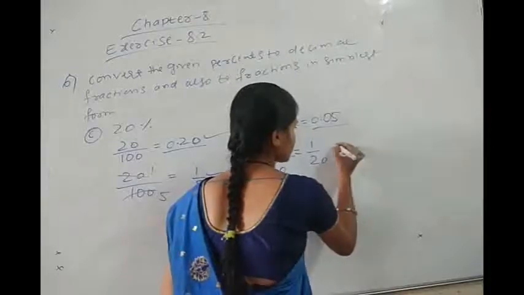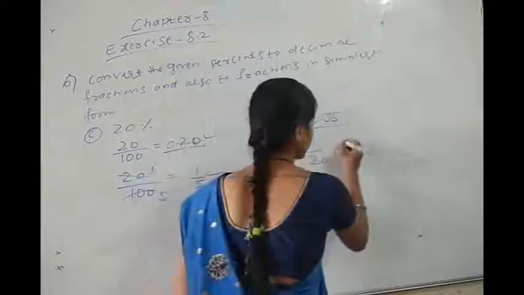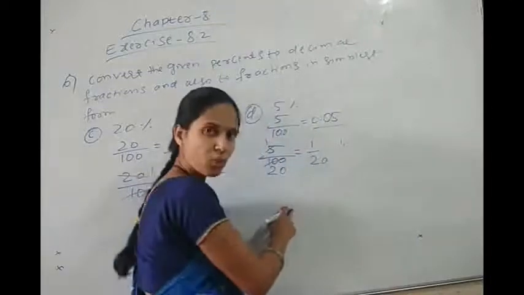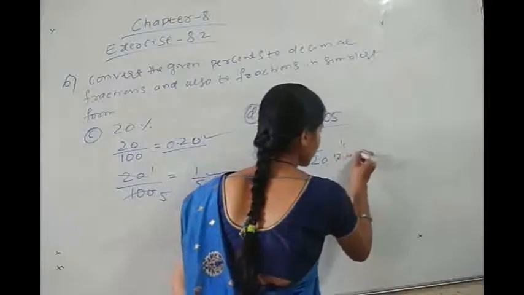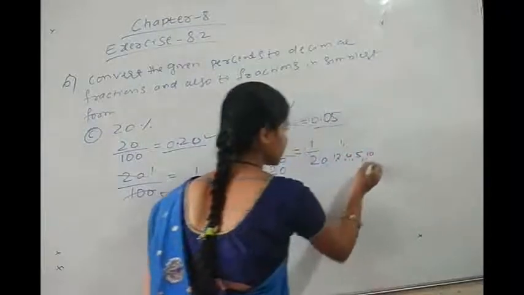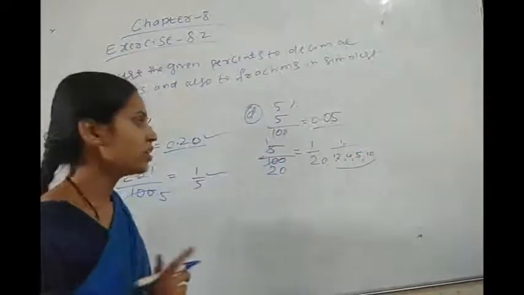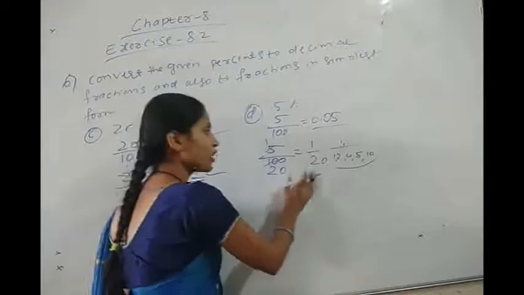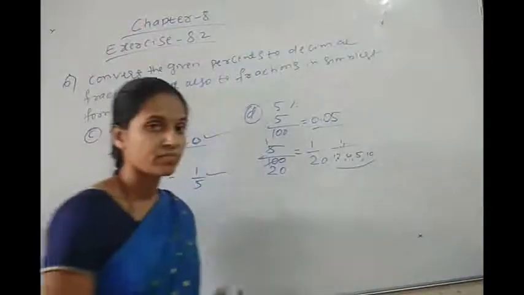Factors of 1 are 1 only. Factors of 20 are so many: 1, 2, 4, 5, 10.